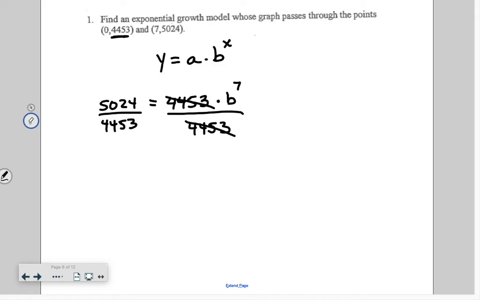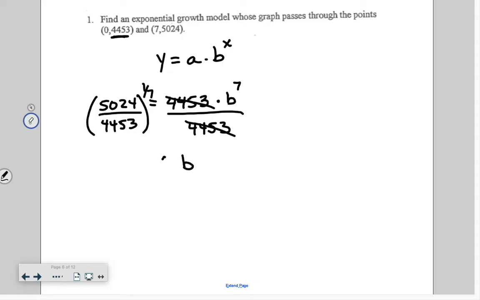What's the opposite of 7th power? 7th root, which you can do on the calculator, but I'm going to do it an easier way for you. Think back to square roots. Square roots are what as a power? 1/2. Cubed roots are 1/3, so the 7th root would be just the 1/7 power. So take this and raise it to the 1/7 power. Okay? That'll undo the 7th power on the other side.